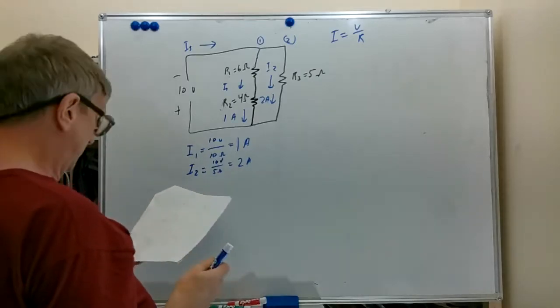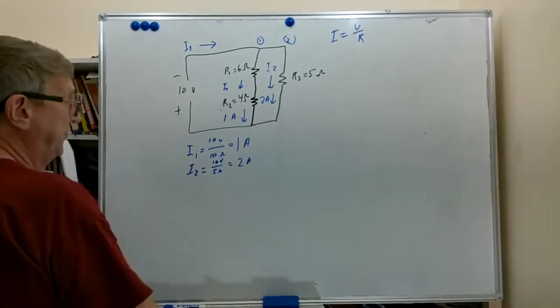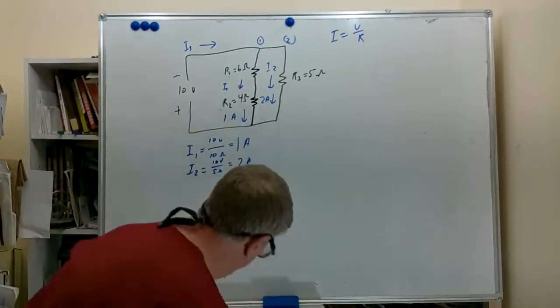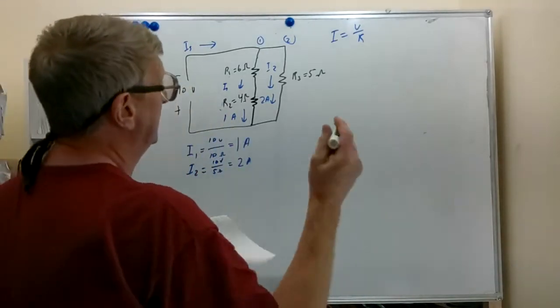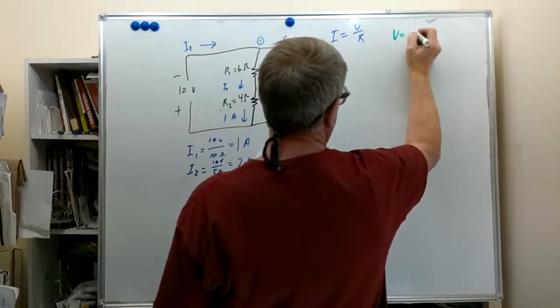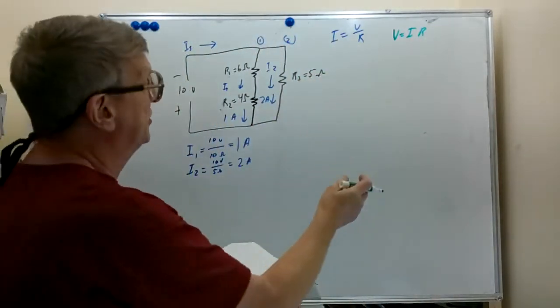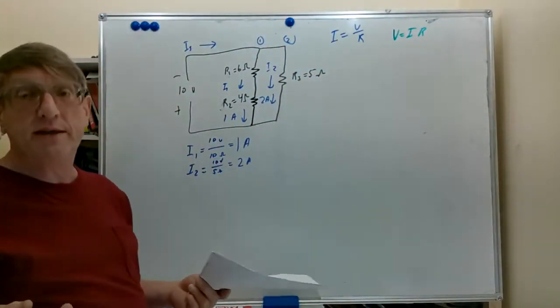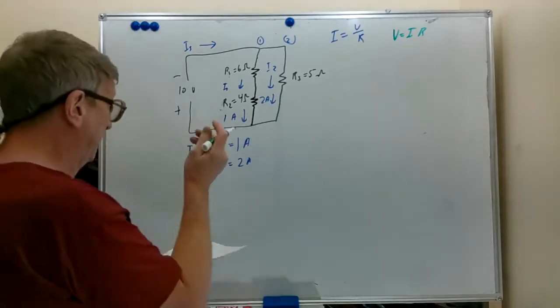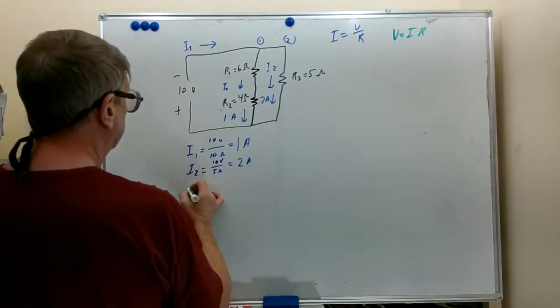And let's see what our voltage drops are going to be across all of these resistors. Well, we're going to use this formula, voltage equals I times R. We have resistance in ohms, current in amps, so we're going to get the resulting voltage in volts. So let's look at R1. We'll call this voltage 1.